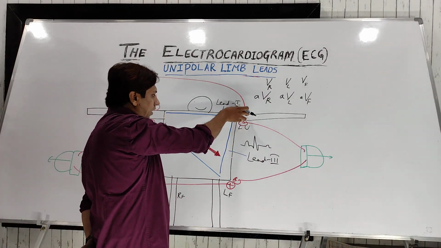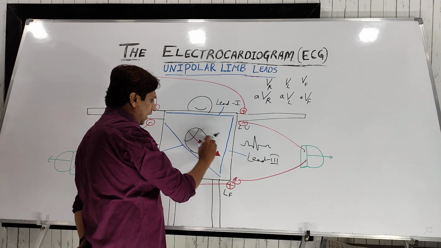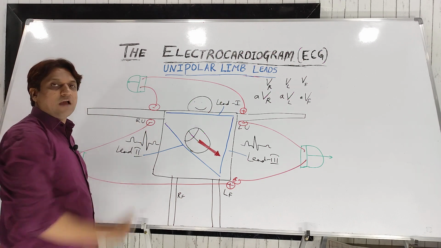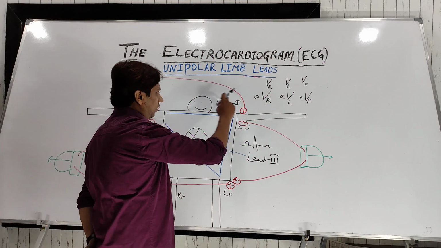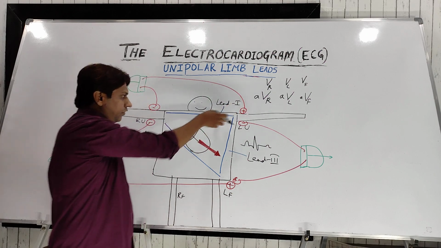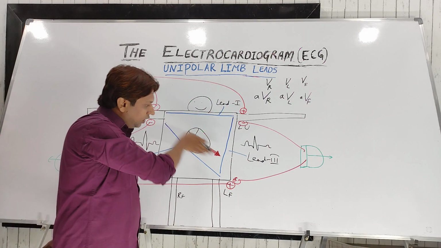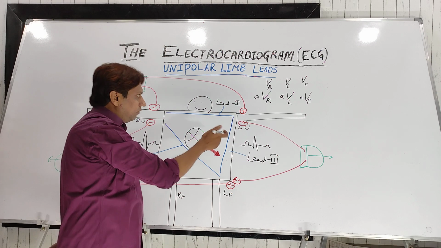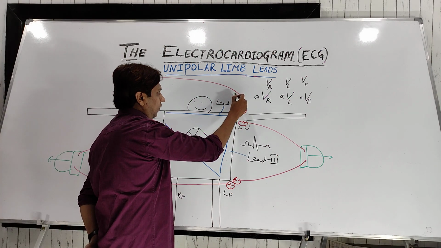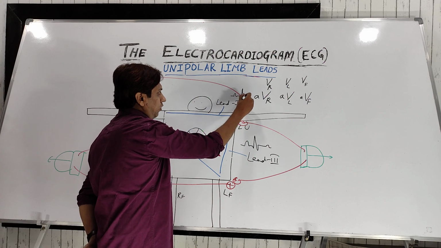Similarly, since the axis is parallel, lead 2 will record the highest amplitude. This one is lesser, because the active electrode visualizing the electrical activity is still farther away. Again it is not parallel, so it will record the same pattern, but the height or amplitude will be less.